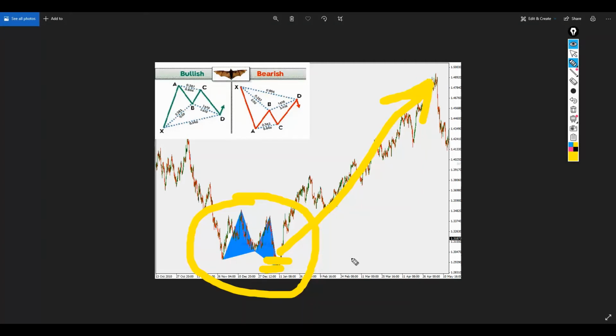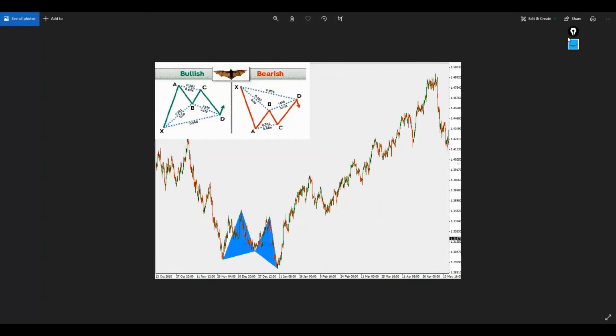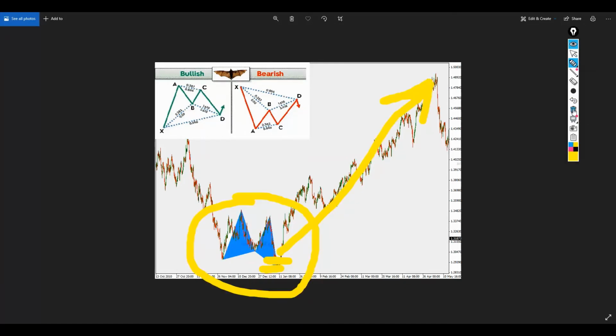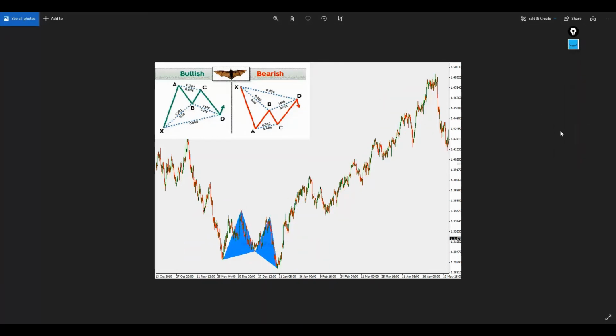So how does it work? Again, the main thing is the timing for us. The timing is very important. Let's see what it means. Let's move on to the next one.